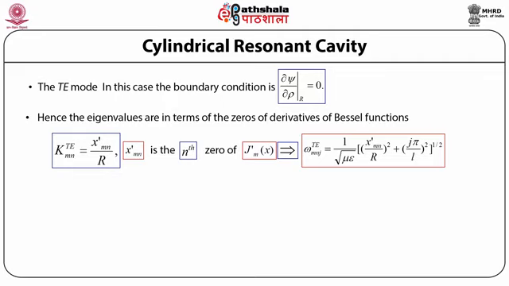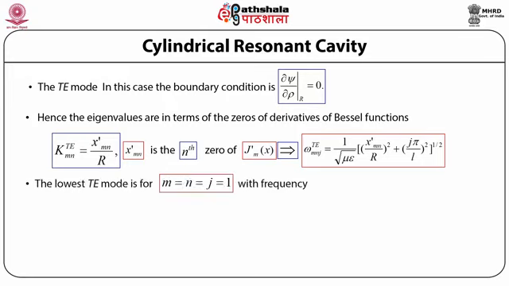function of x, and the resonant frequency can be given as omega subscript mnj superscript TE is equal to 1 upon under root mu epsilon, whole times bracket open (x prime subscript mn by capital R) whole square plus (j times pi by L) whole square, whole bracket close, whole to the power half.